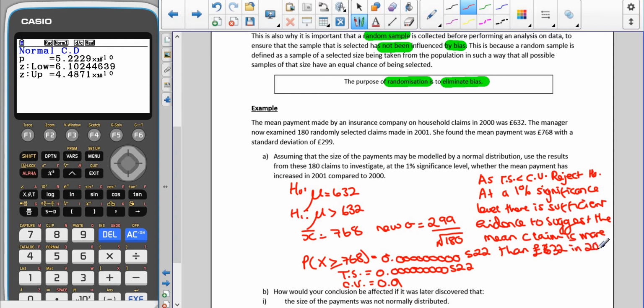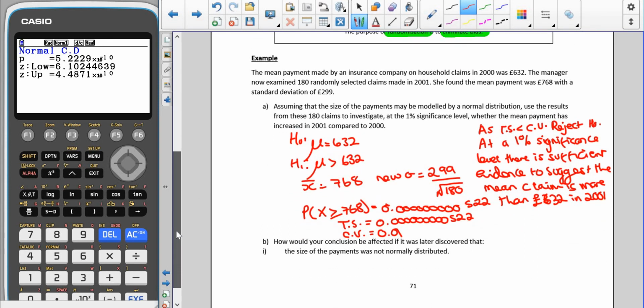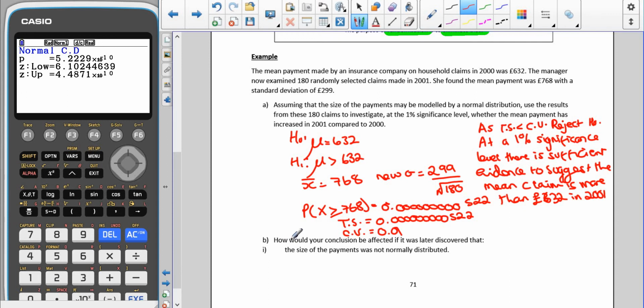in 2001. Now, the reason why it's asked this is because then we're going on to having a look at what the population was like. So how would your conclusion be affected if you discovered that the size of the payments was not normally distributed?